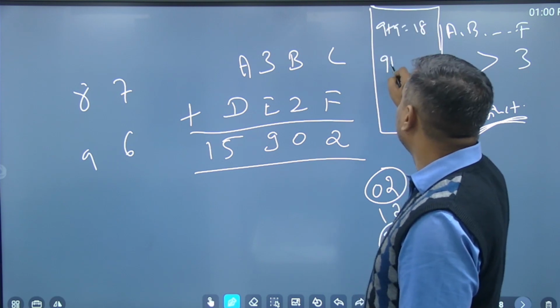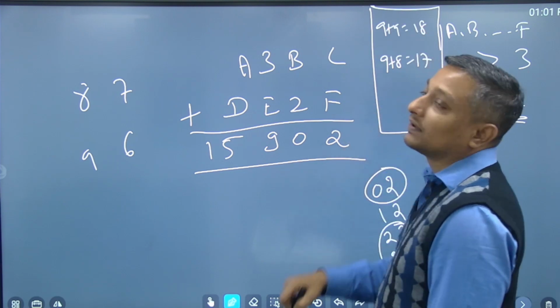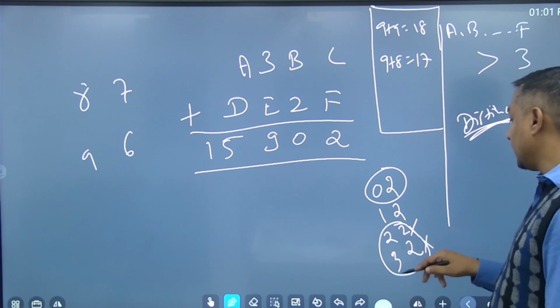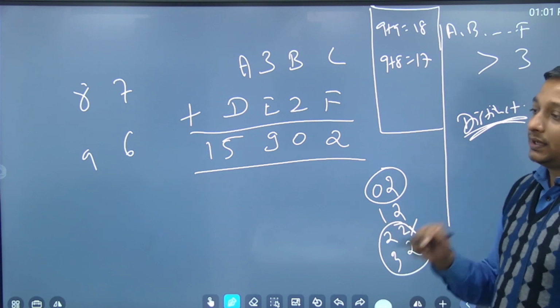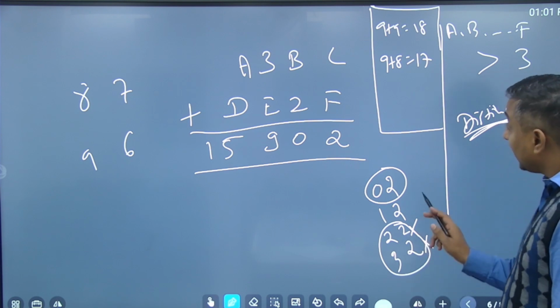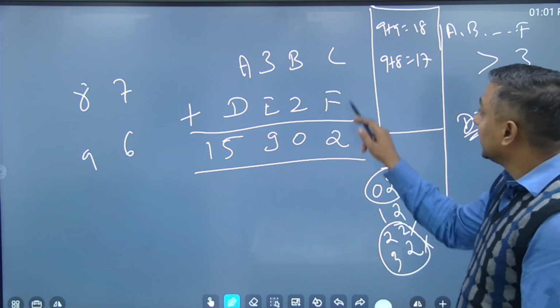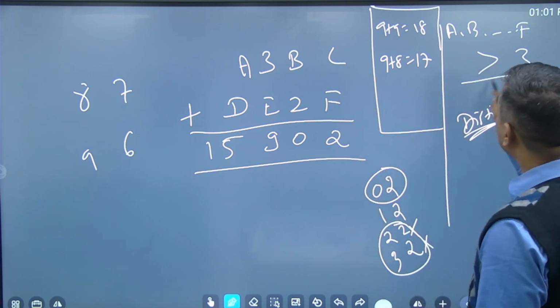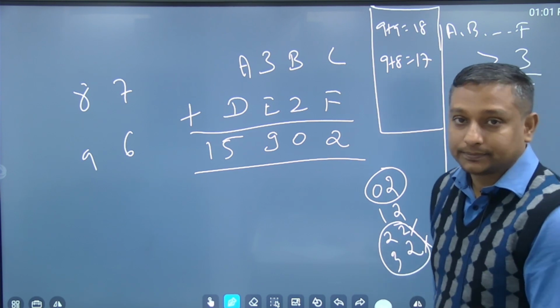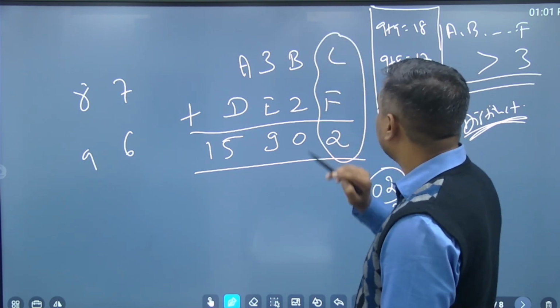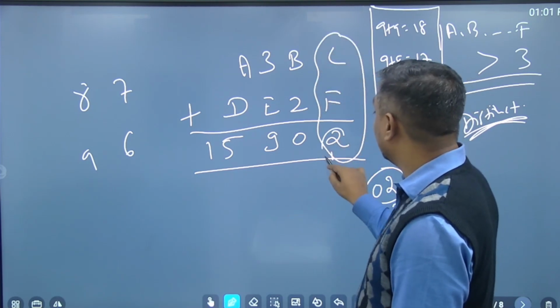If they are distinct, the maximum addition can be 17. Then sir, why not 2? 22 and 32 we agree, but why can't it be 0 and 2, or 0 and 1, 1 and 1, 2 and 0? The digits being greater than 3 restricts that from happening. Now I believe you may have seen that the addition of C and F is ought to be 12 only.